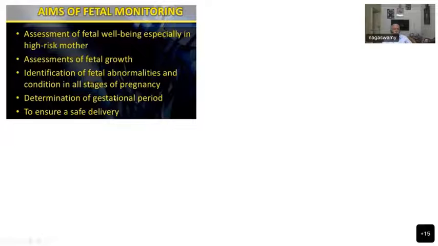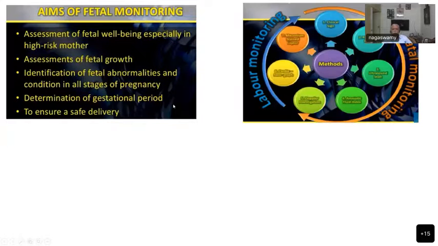So by assessing the gestational growth of the child, and to ensure a safe delivery based on the presentation, whether it is a breech presentation or any cephalopelvic disproportion, all these things can be safely managed if we have done fetal monitoring. So fetal monitoring has to be classified into two categories, antenatal monitoring and labor monitoring. This is the very first important classification you have to state.